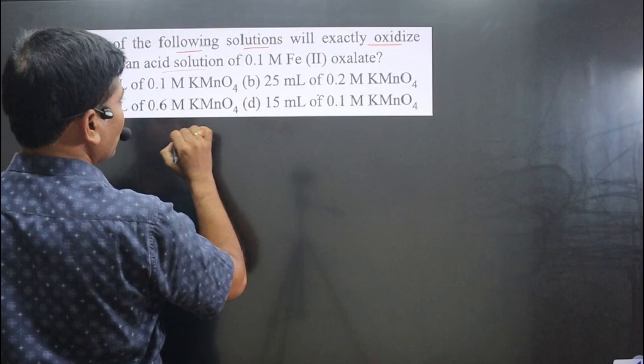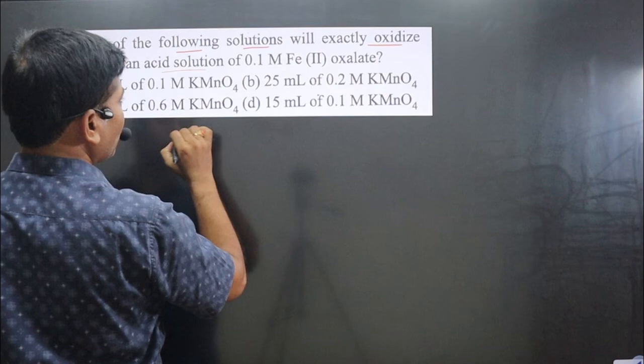We have option C. In this case, the volume is the same, 25 ml, but the concentration is 0.6 molar KMnO4 solution. The n factor value for this solution will also be the same.